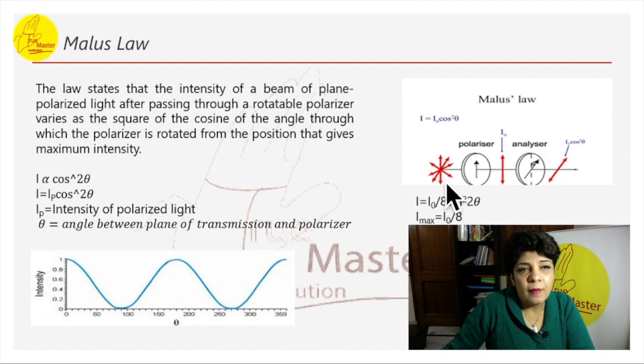Light has vibration in all directions, it is polarized here, and this analyzer further is rotating. When the analyzer is rotating, the intensity will be proportional to cos square theta. This is Malus law: the intensity of the light is equal to I_p, the polarized light intensity, times cos square theta, where theta is the angle between the plane of transmission and the polarizer. This is just a formula. Sometimes a question comes on it, so you need to note down the formula as well.